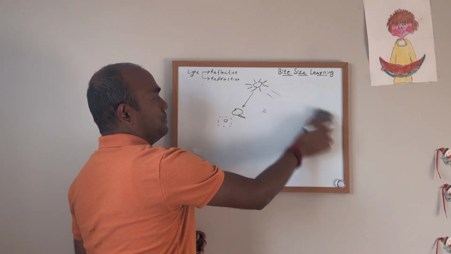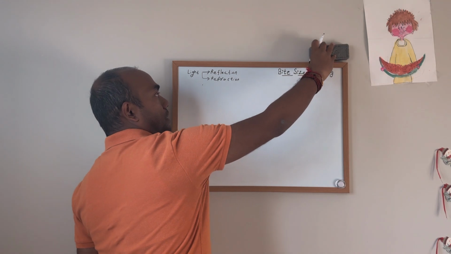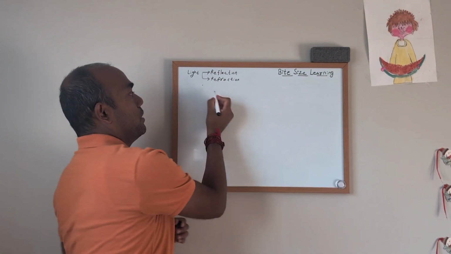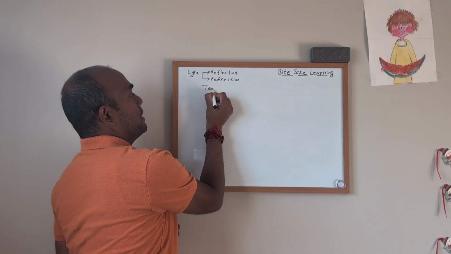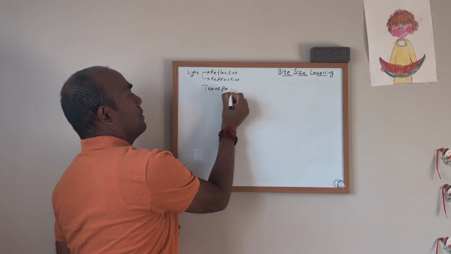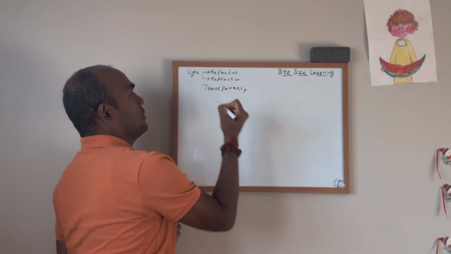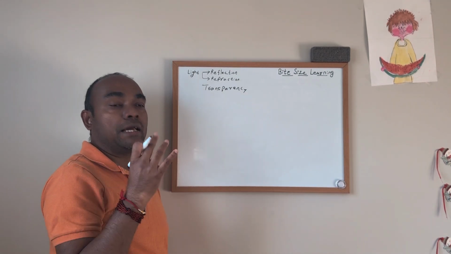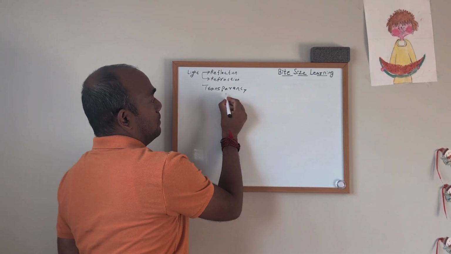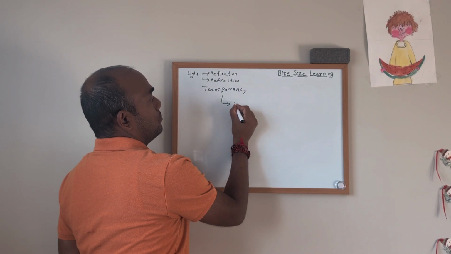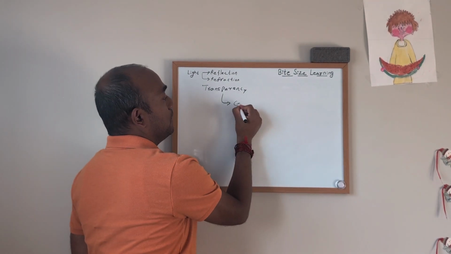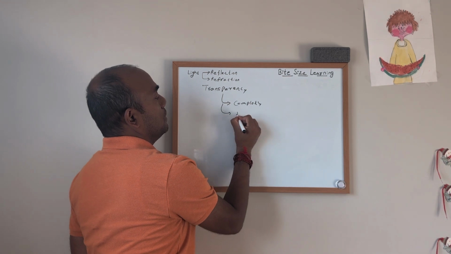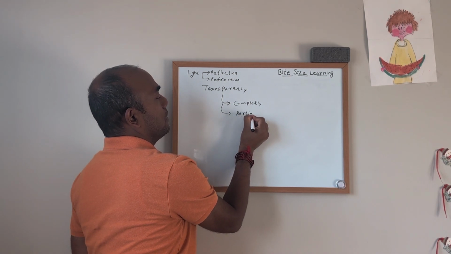Now there are a few more things in relation to light. One is transparency. Transparency has three types, right? One, you are able to see an object completely. Two, you are able to see the object partially.